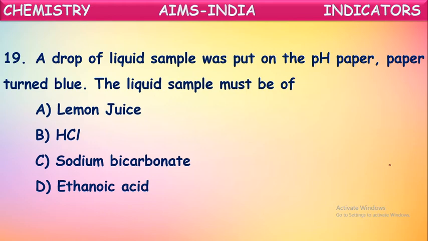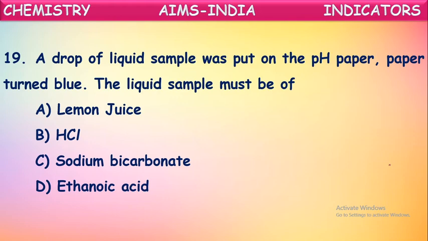When pH paper reacts with basic substances, the color of pH paper will be blue with basic solutions, red with acidic solutions, and green with neutral solutions. Now they told here the pH paper turned blue, which means the liquid sample is basic in nature.